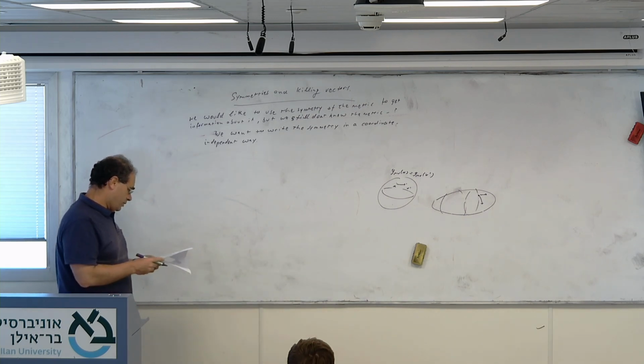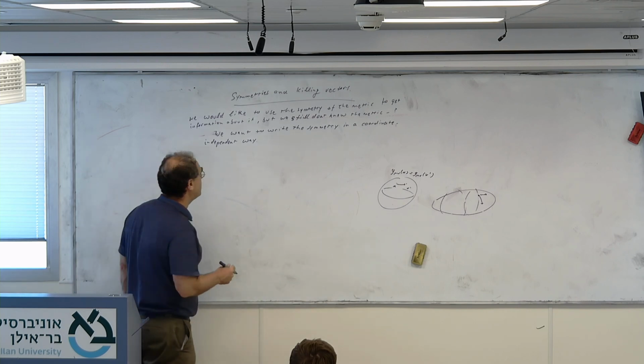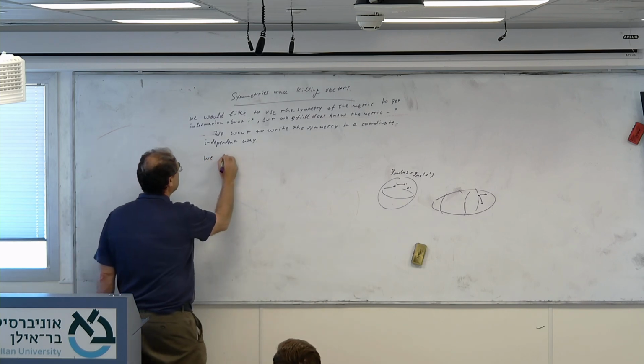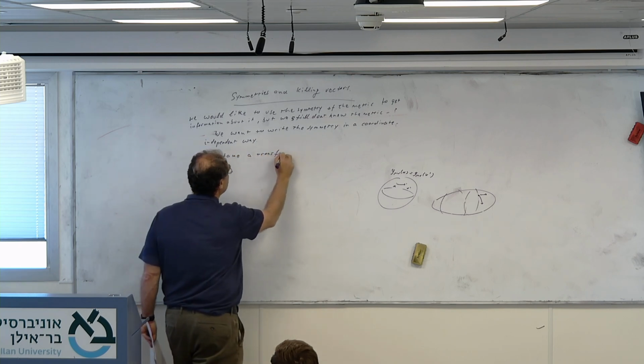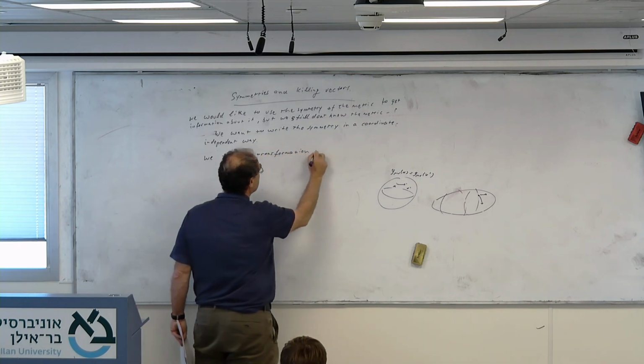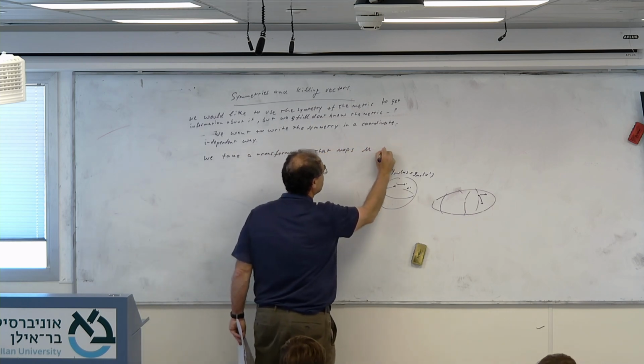So what we want to do is take a transformation that maps the manifold M to itself.